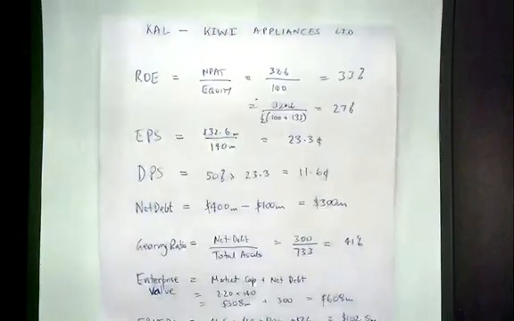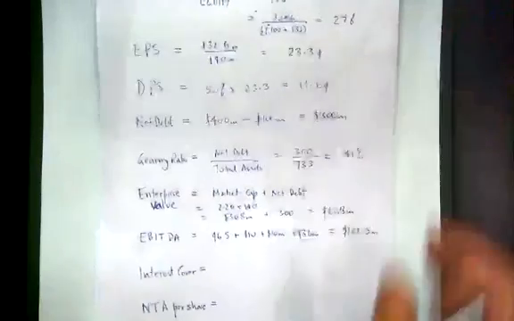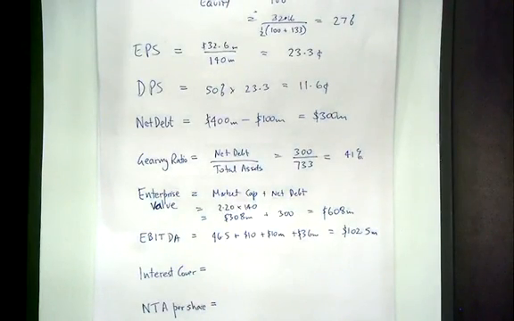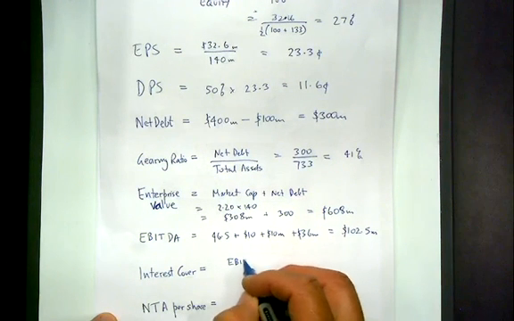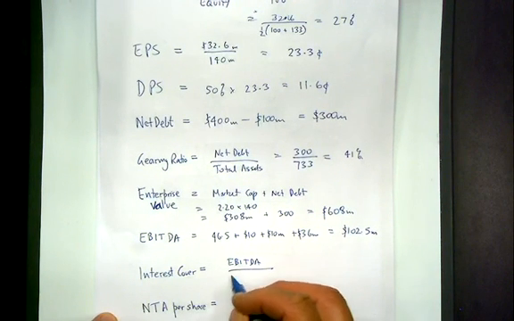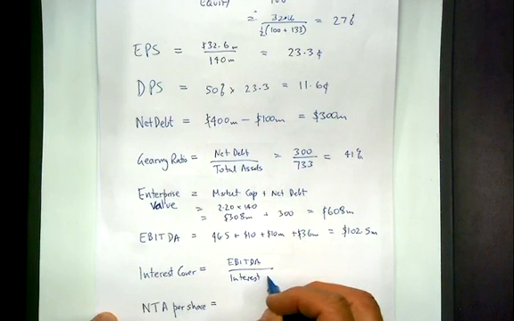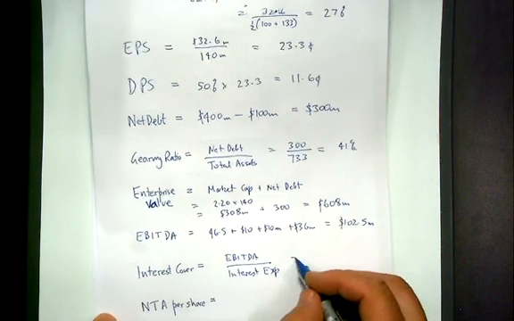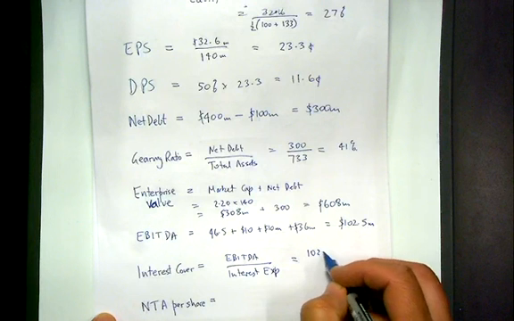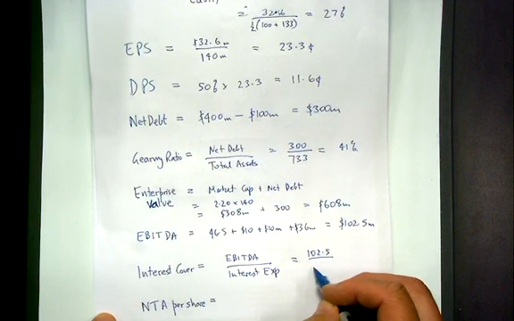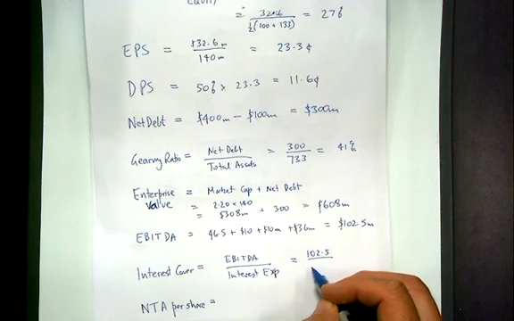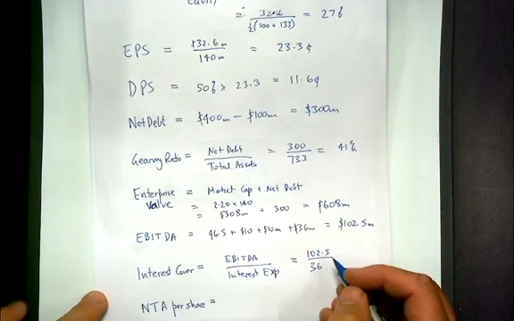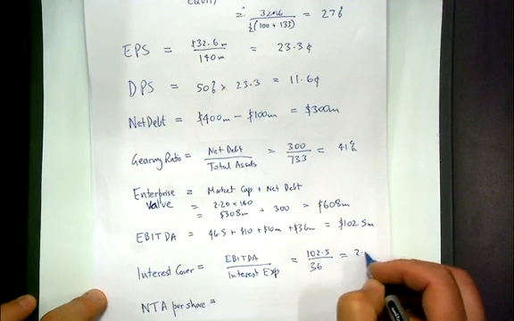Interest cover is the ratio of EBITDA divided by the interest expense. So it's how many times the interest expense is covered by EBITDA. So we'd have 102.5 divided by the interest expense, which was 36. So the ratio works out at 2.85.